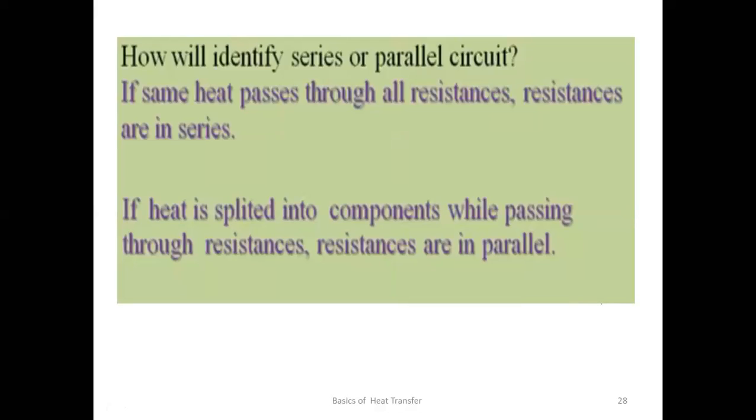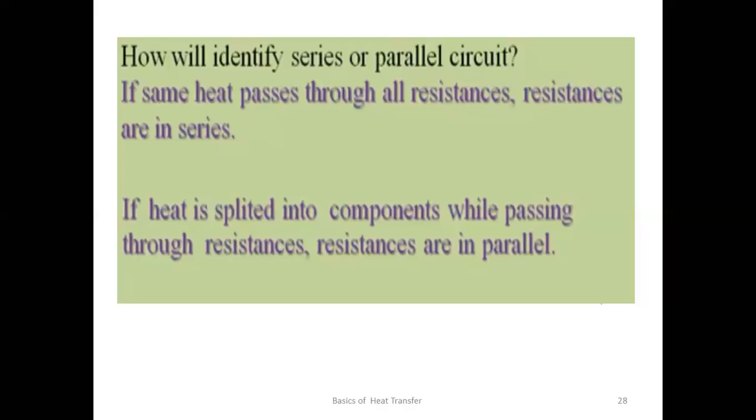Okay, how will we identify series or parallel circuits? Now you have studied series and parallel circuits for electrical circuits. Similar to that, here in heat transfer also we are studying series and parallel circuits. Now how to identify? In a series circuit the same current is flowing.